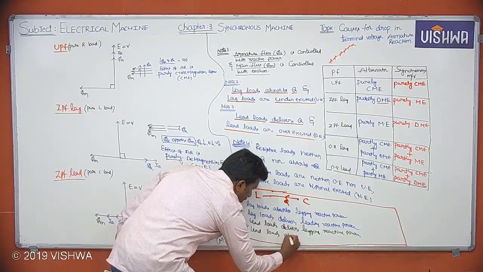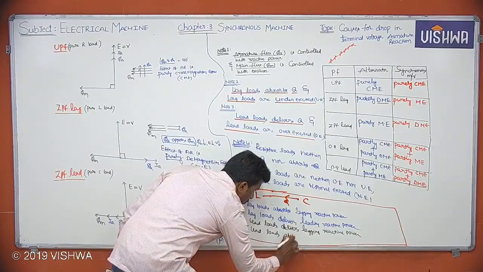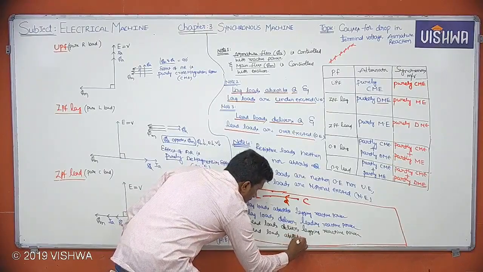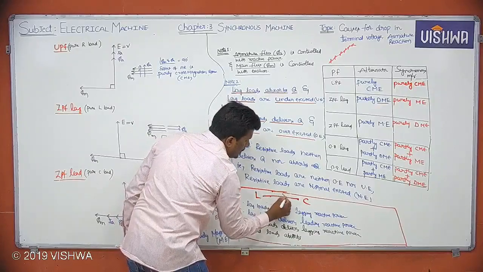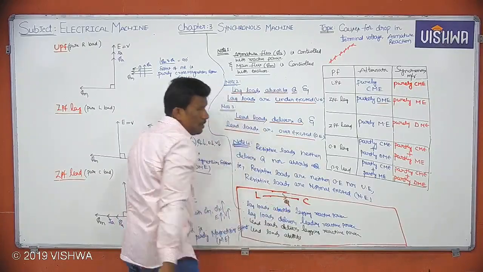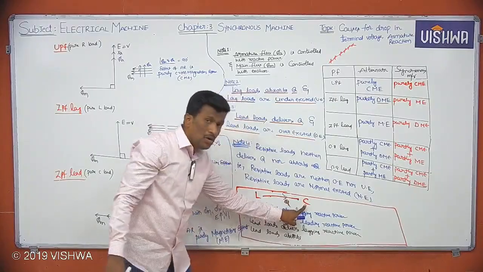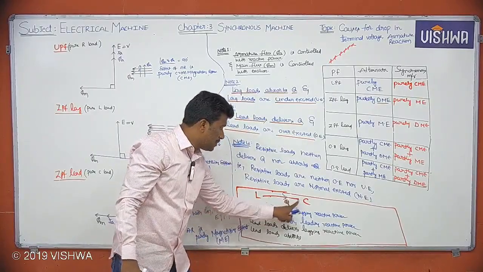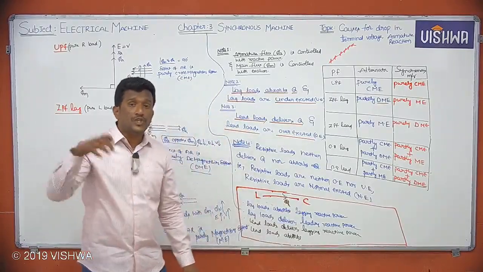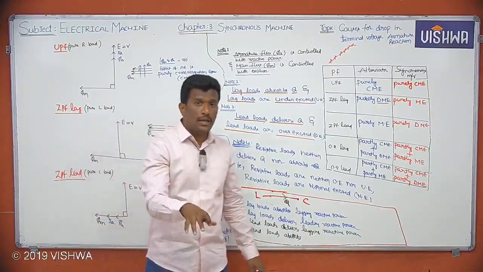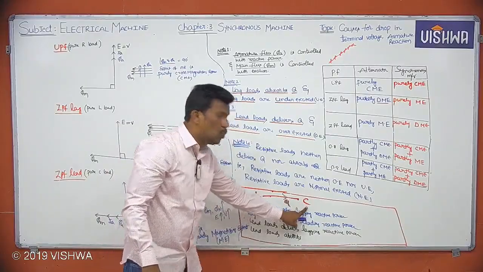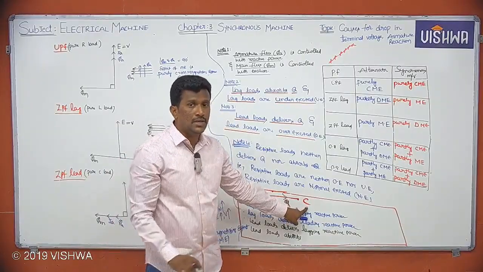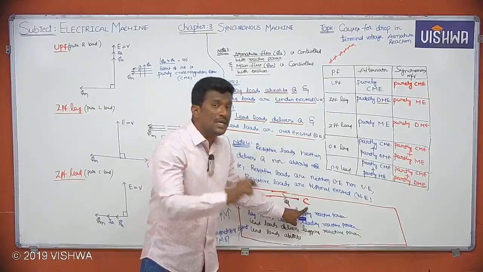Sometimes they may ask in terms of lag loads, in terms of delivers, or they may ask in terms of absorbs. Now tell me: instead of an arrow mark like this, sometimes the arrow mark will be like this. In this case, which type of reactive power is absorbed by lead loads? It is coming towards C, towards the capacitor load, towards leading loads.